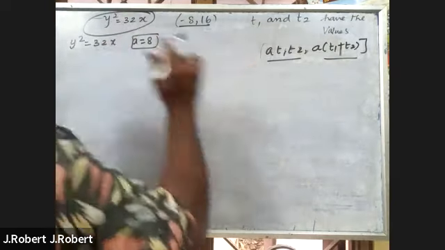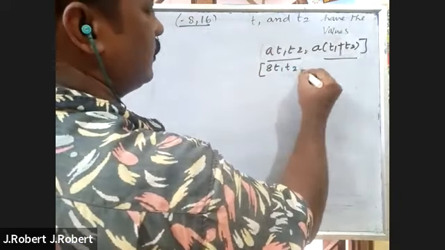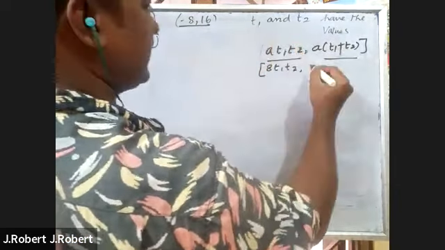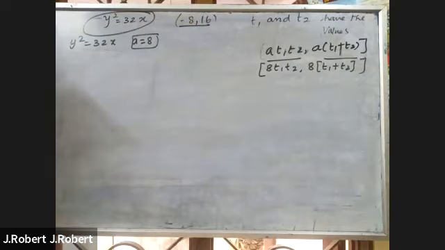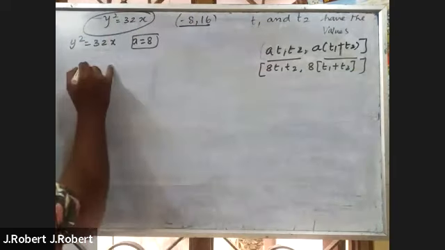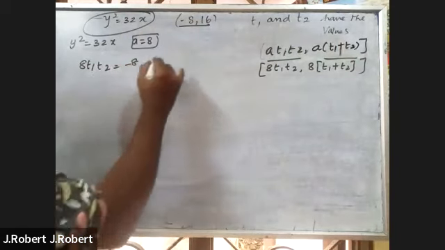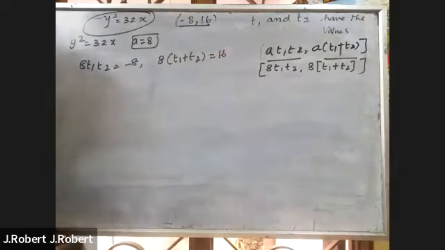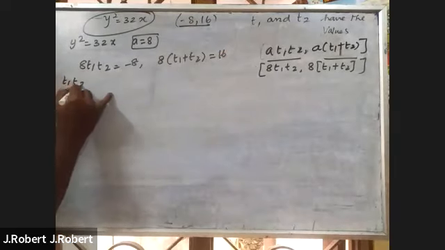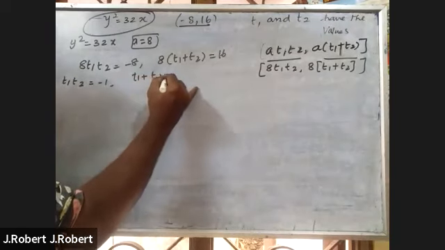Now, instead of a, I can substitute 8: 8 T1 T2 comma 8 into T1 plus T2. Now the point of intersection is this one. Using these conditions, compare 8 T1 T2, we'll get minus 8. 8 into T1 plus T2 is equal to 16. Now, T1 T2 is equal to minus 1. T1 plus T2 is equal to 2.